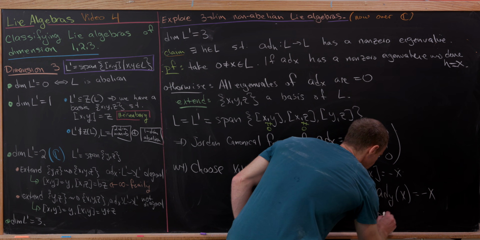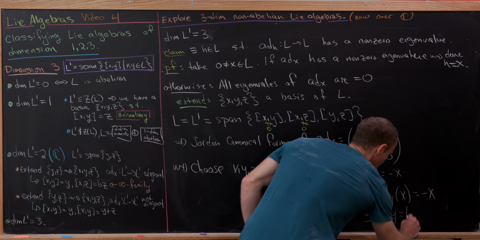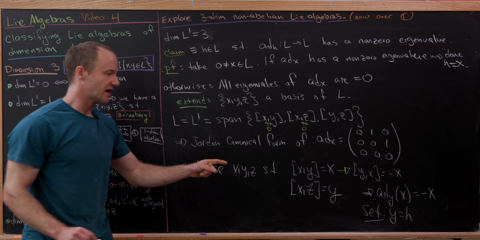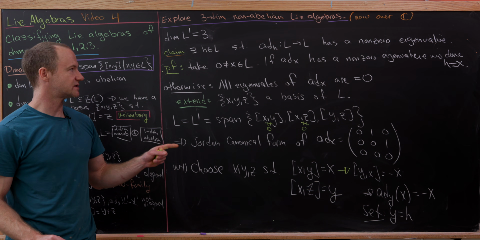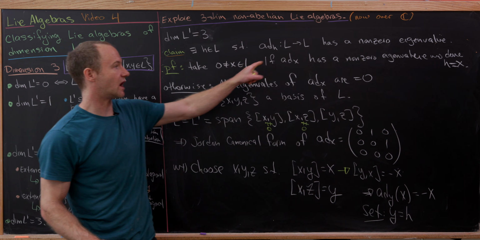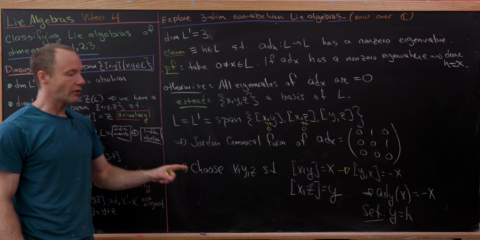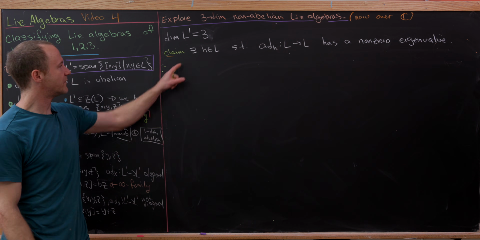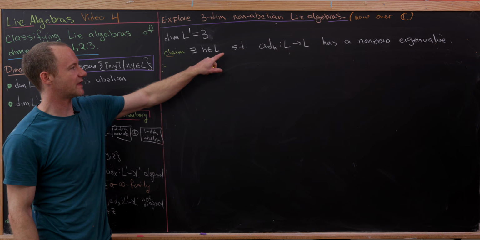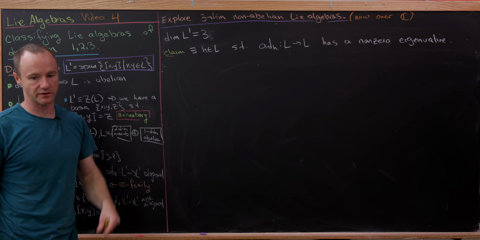So now we'll set y equal to h, because that h is the vector that has a non-zero eigenvalue. Okay, we've got this vector h inside of L that has a non-zero eigenvalue.